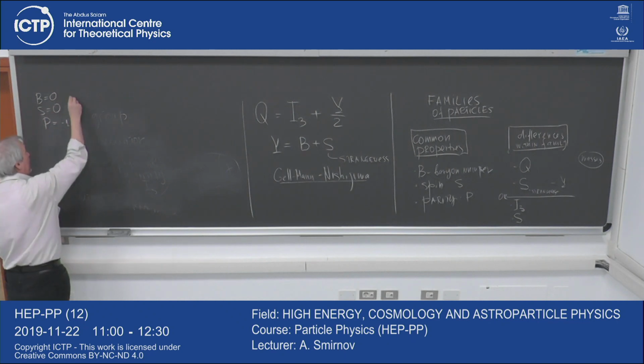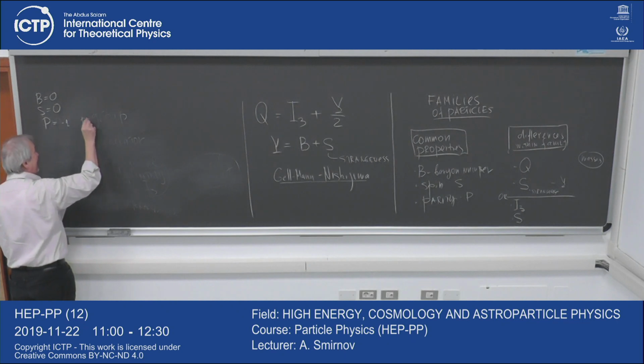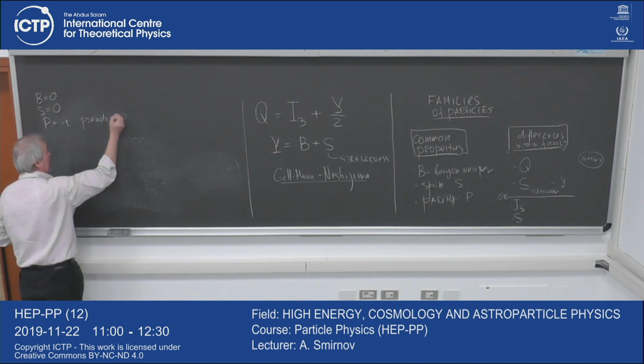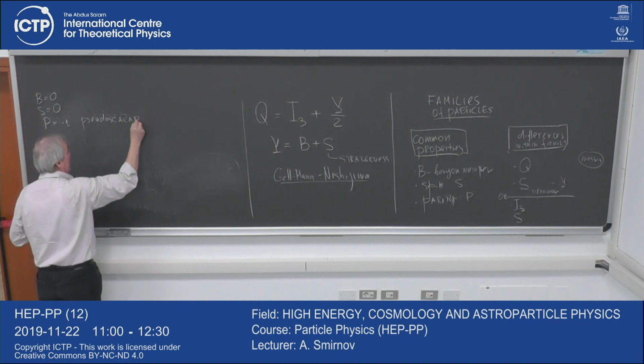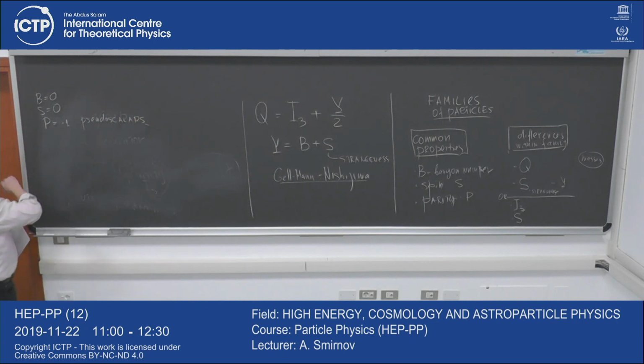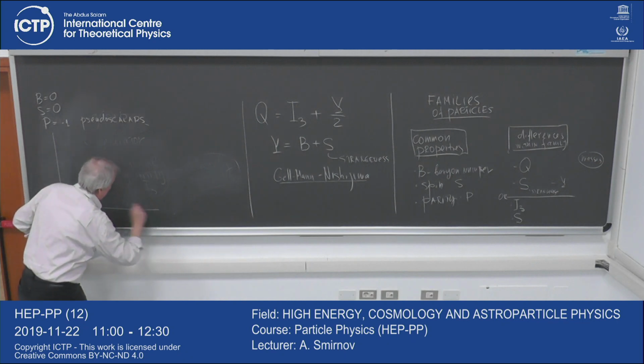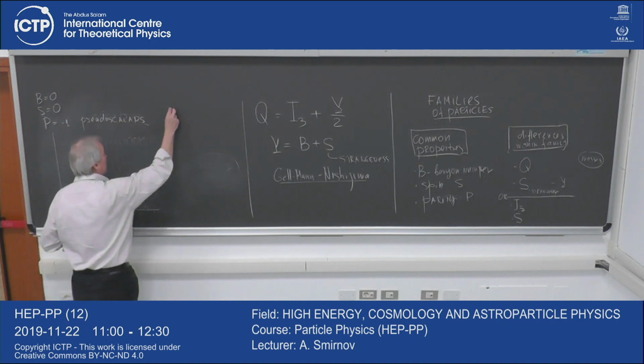So that's the family of pseudoscalars. Particles which have this property that change the sign, with spin 0, are called pseudoscalars. So let me put these particles, and the family has 8 members.